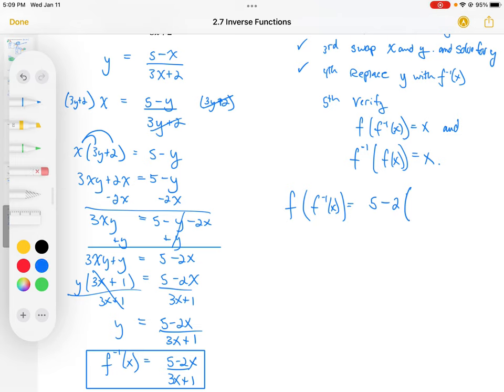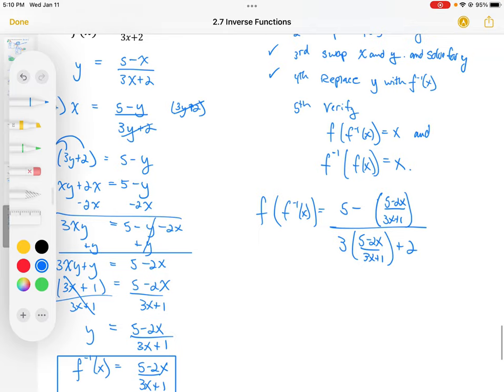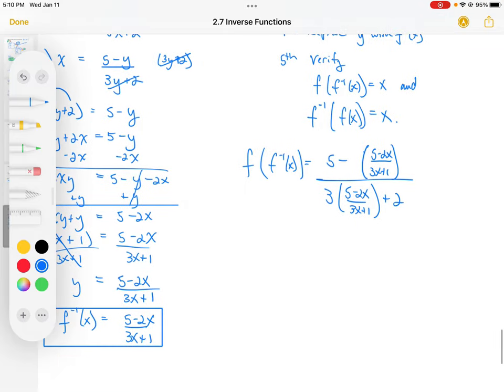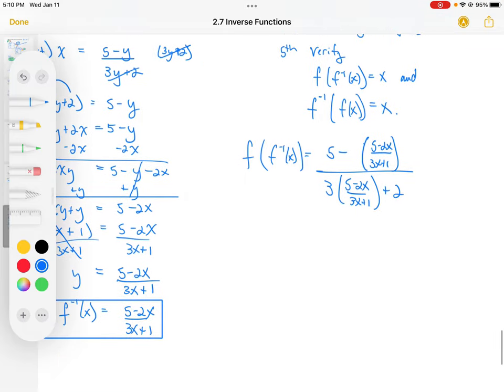So we have 5 minus x, which is now 5 minus 2x over 3x plus 1. We have 3 times x, which is now (5 minus 2x) over (3x plus 1), plus 2. And now we have quite a bit here to simplify, but let's go ahead and do that.